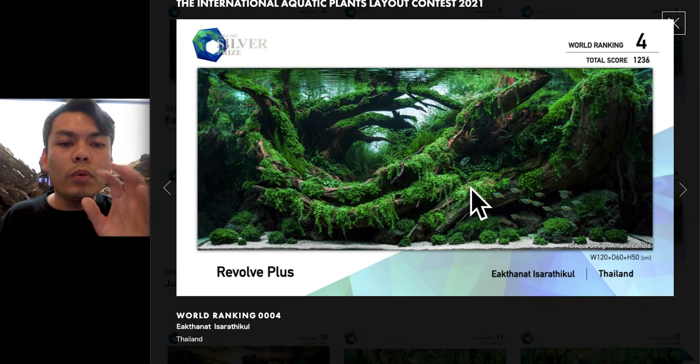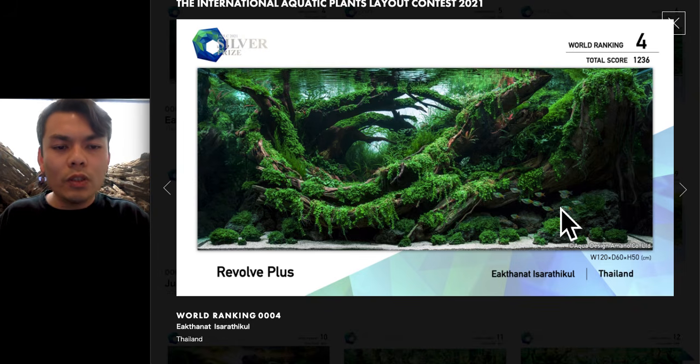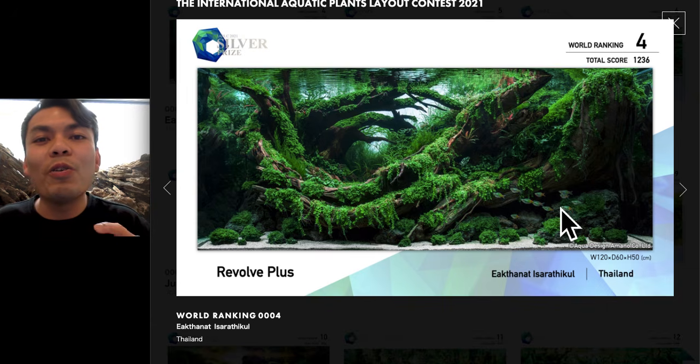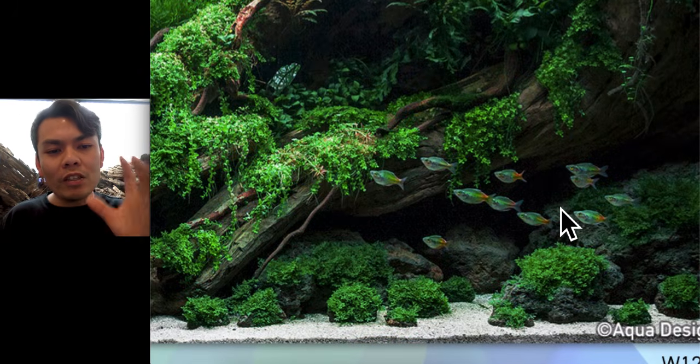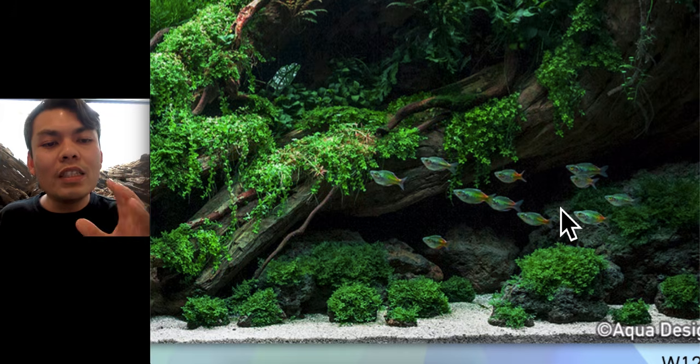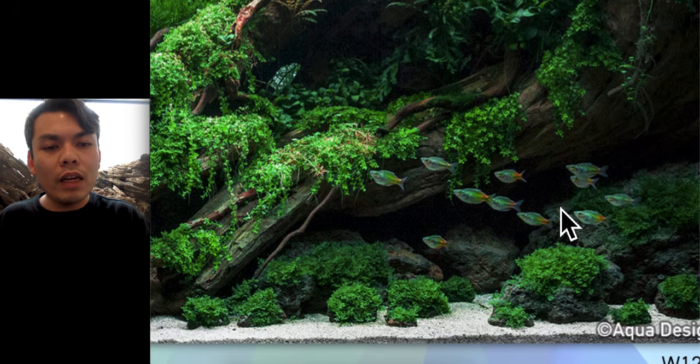So again, a beautiful aquascape that also this year incorporates something that I thought was quite interesting, and that is rainbow fish. I was actually going to consider this as a fish for one of my aquascapes, but I figured that it's very difficult to find them at this particular size and this particular color.